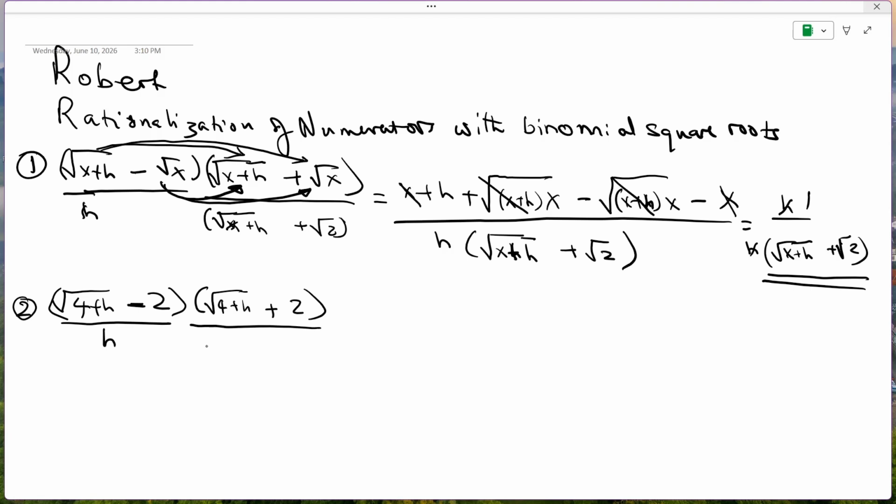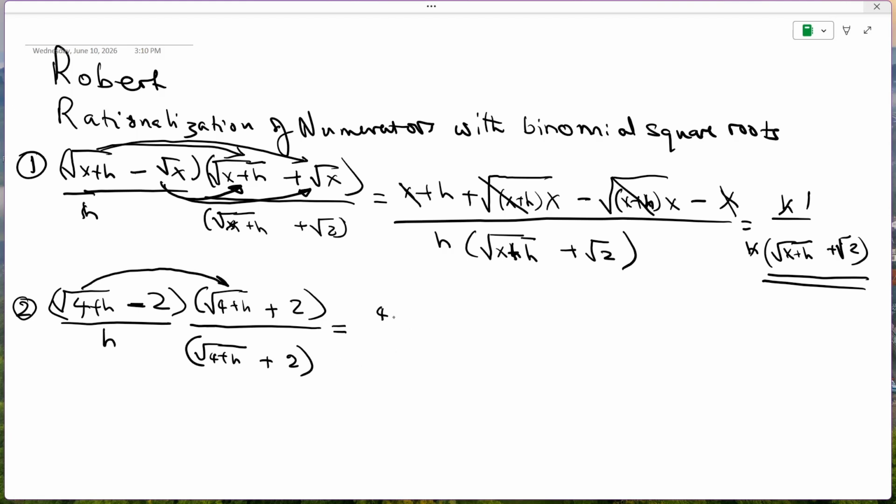So we also have to multiply h by root 4 plus h plus 2. So from here, we can then multiply out distributively our two polynomial expressions. So we can start with root 4 plus h multiplied by root 4 plus h.